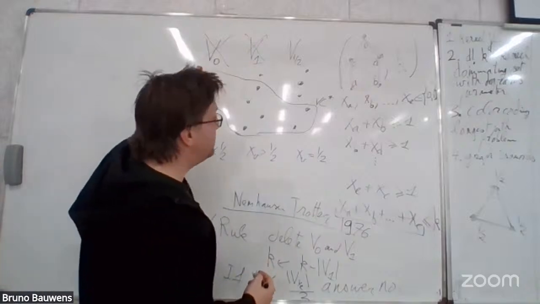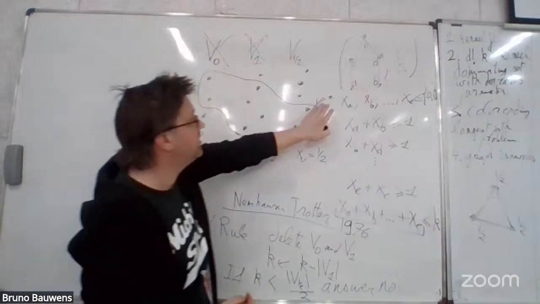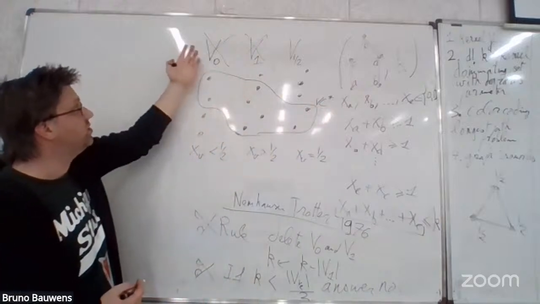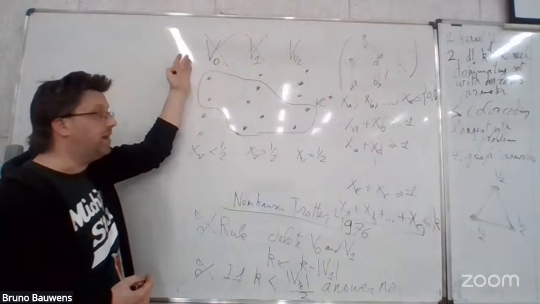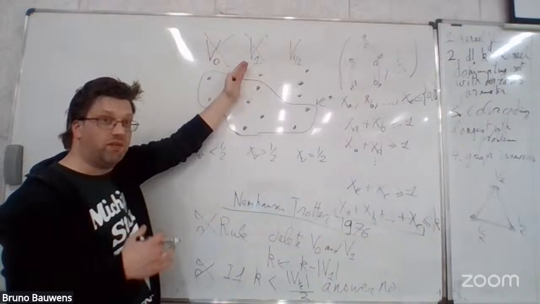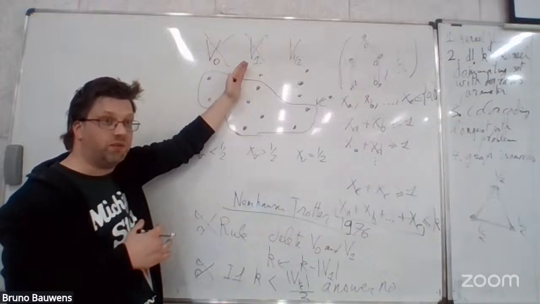So the strategy is, we have to prove that if there is a vertex cover in the original problem, then we have a vertex cover that has no nodes from V0 and contains all the nodes of V1. And this vertex cover is bounded by the size of the original vertex cover.